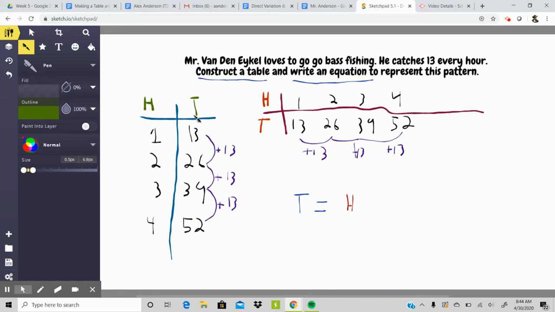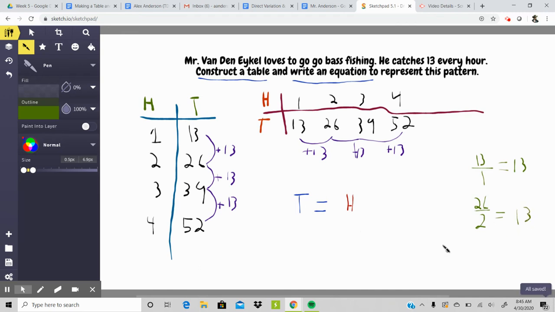If I take my y, or in this case, my T variable, and put it over my x variable, or in this case, we call it H variable, 13 over 1, or 13 divided by 1 is 13. If I do 26 over 2, that's 13.